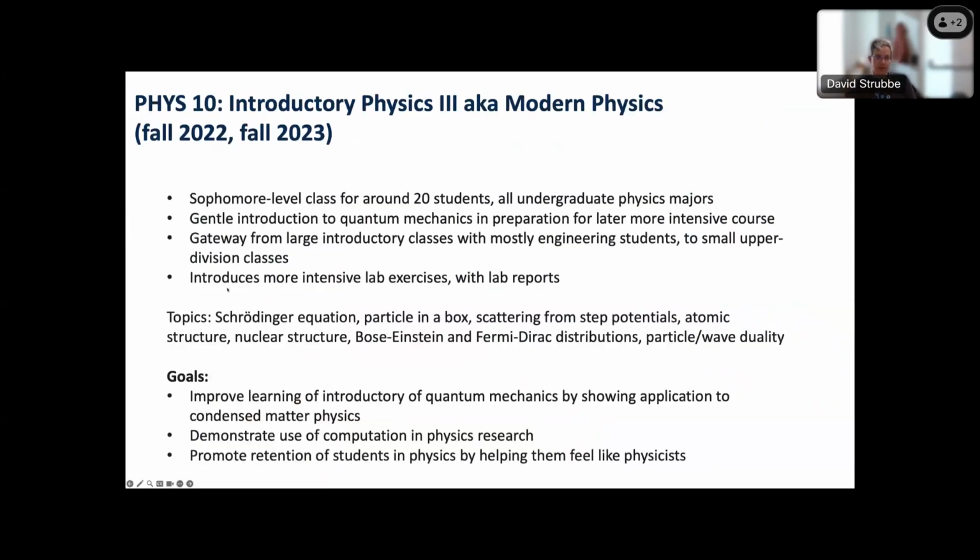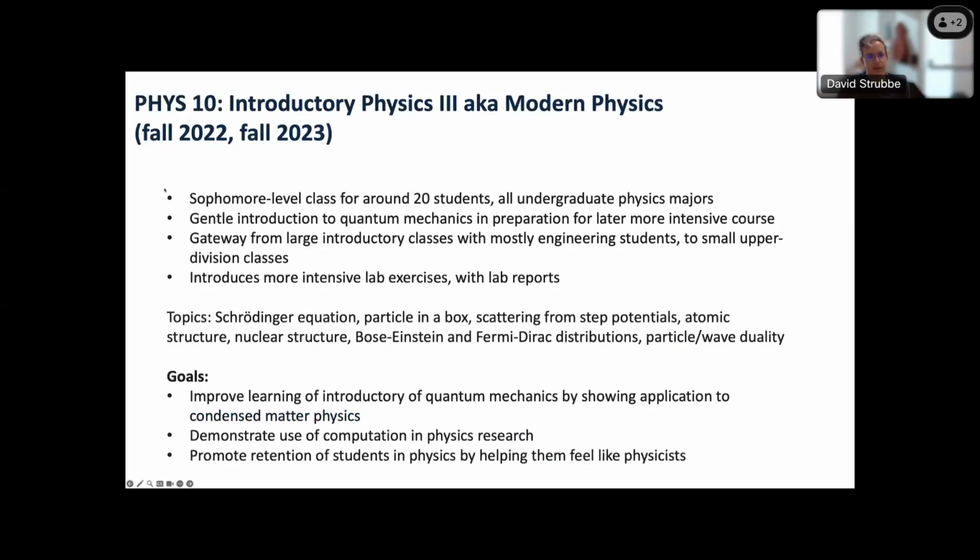I want to focus on an activity that I did for our class called Physics 10 here. This class is referred to as Introductory Physics 3, or also Modern Physics, the same kind of name that many other campuses have. This is an activity that I did this fall, as well as the one before.